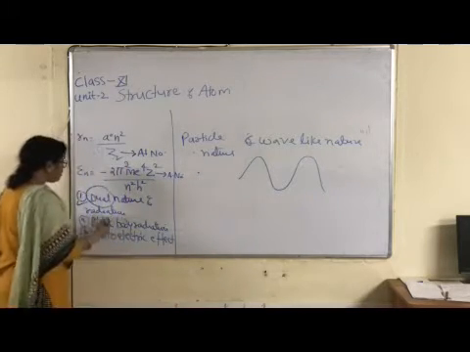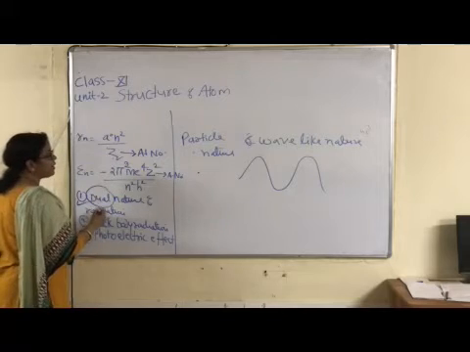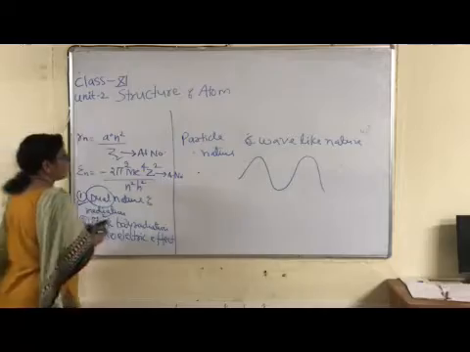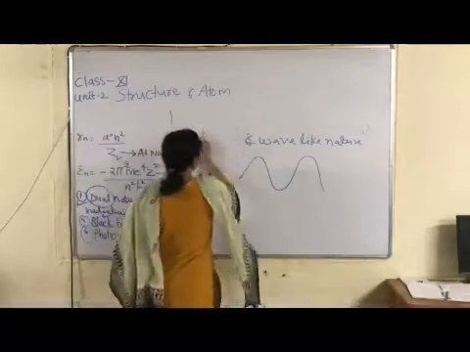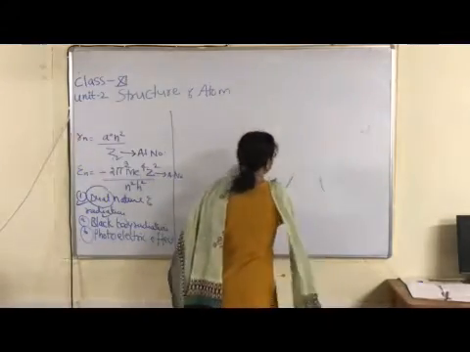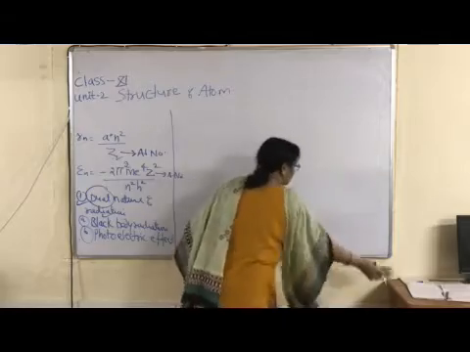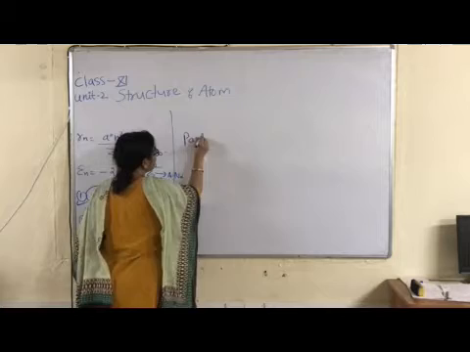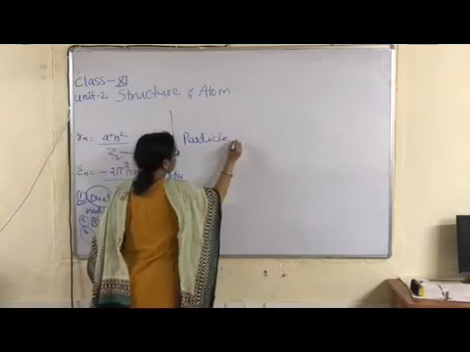Now, which experiments confirmed particle nature of radiation? First is black body radiation. Experimental proof regarding particle character or particle nature.